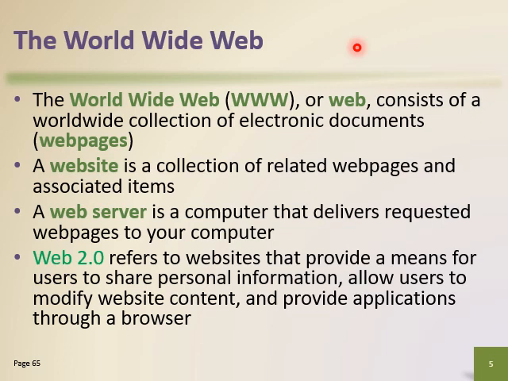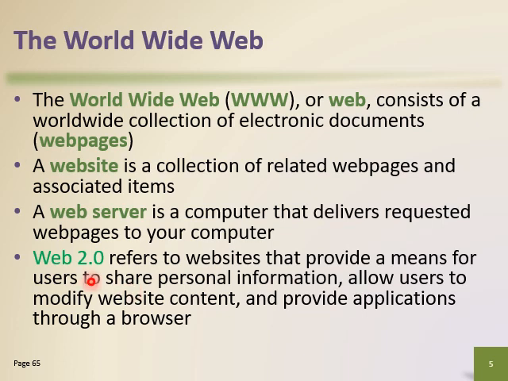For example, a wiki website, or you can provide applications through a web browser, for example web apps. You can change the website. For example, you can add your pictures, add your videos, you can write the content. So that is the Facebook sort of online social network. The concept was known as Web 2.0, and in that come only those websites that provide the means for you to share your personal information, or modify the website content.